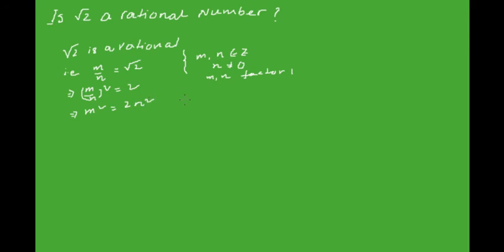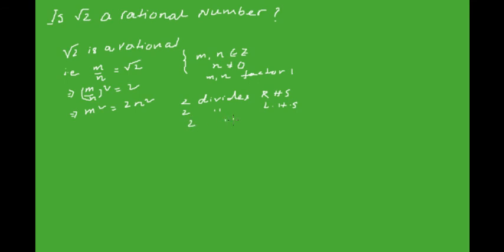Here the right hand side is 2n square, which is divisible by 2. That means the left hand side, which is m square, is also divisible by 2.